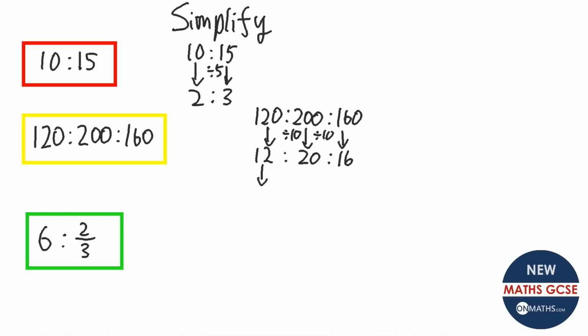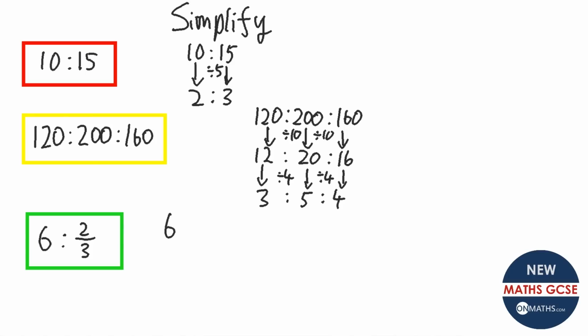Then I could divide them all by 2, but I noticed that I can divide them all by 4, which would be quicker. If I divide them by 2, I can then divide them by 2 again. So we get 3 to 5 to 4. Now I could have divided them straight away by 40, but you know, it doesn't matter, it just takes longer to divide by 10 than divide by 4.